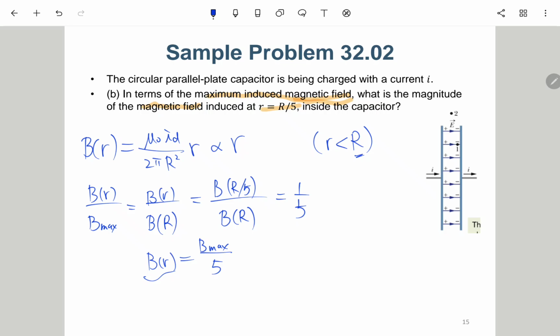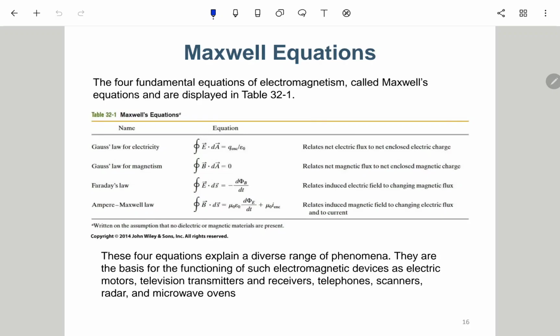Okay, so up till now we have already covered most of the important content in this chapter, I should say. In summary, this chapter is called Maxwell equations.